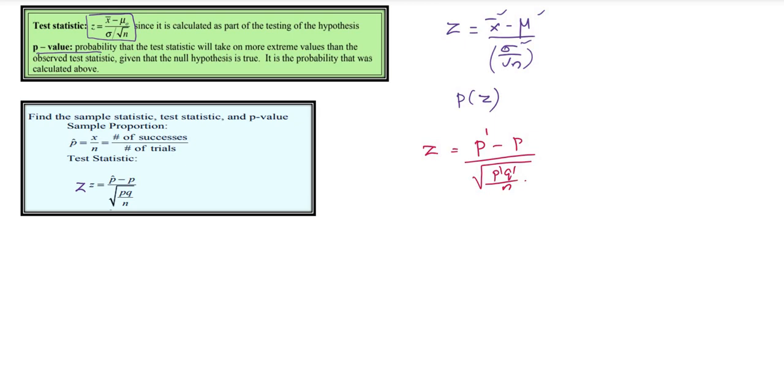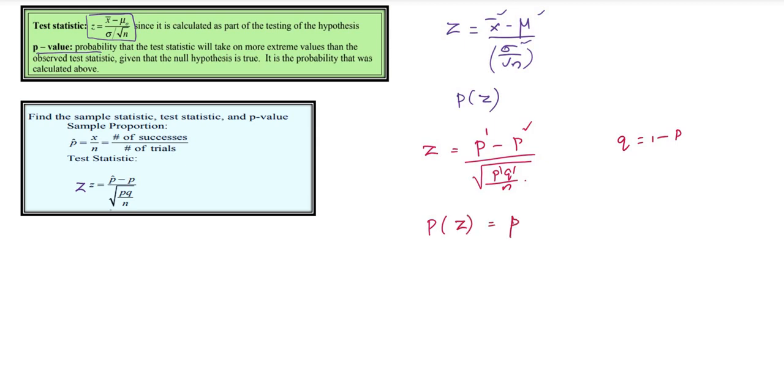P dash means the sample proportion, p is the population proportion, and q is equal to 1 minus p. The probability of z, the test statistic, is called the p-value here.